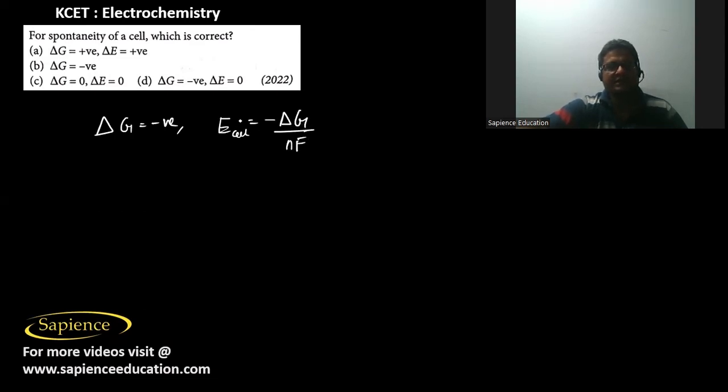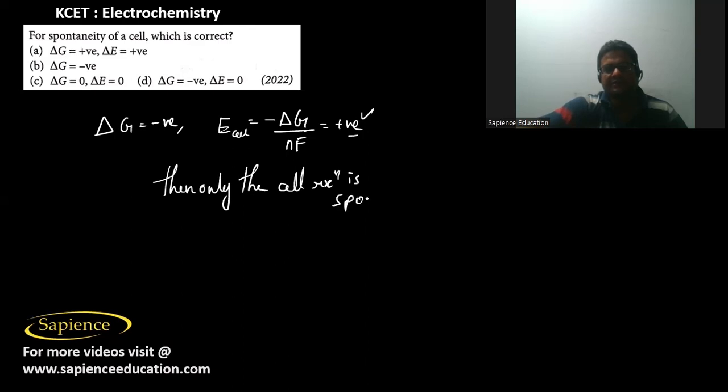So the EMF of the cell should have the opposite sign of delta G. So E cell should be positive. Then only the cell reaction will be spontaneous. So delta G should be negative. So option B is the correct answer.